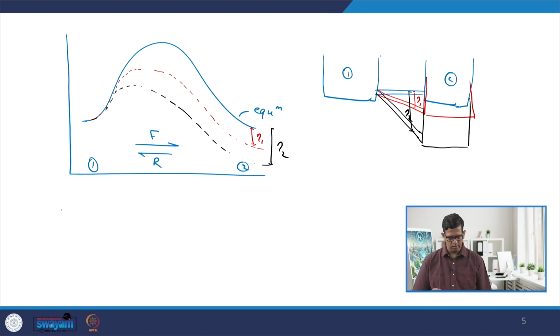Let me also simplify what the Butler-Volmer equation states.